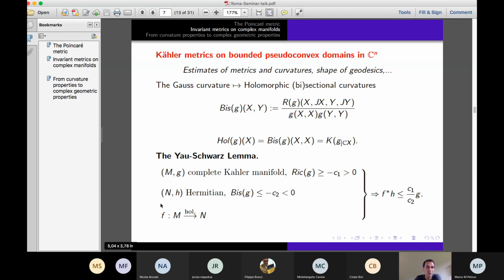You consider a holomorphic map from your complete Kähler manifold to the unit disk, and you get an inequality.